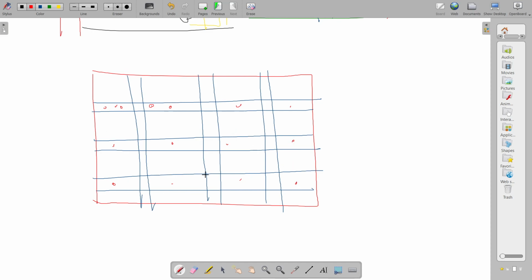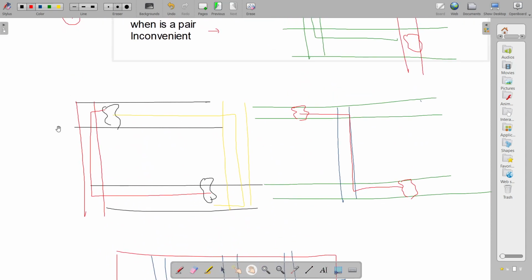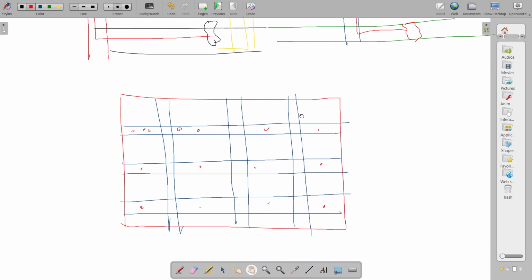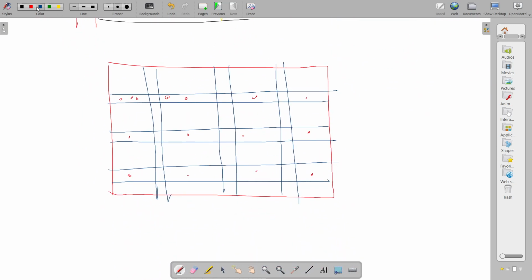Suppose this is the grid. How would I find my answer? Basically, this thing which I talked about. First I will look at the horizontal roads, and I'll pick any two of them.